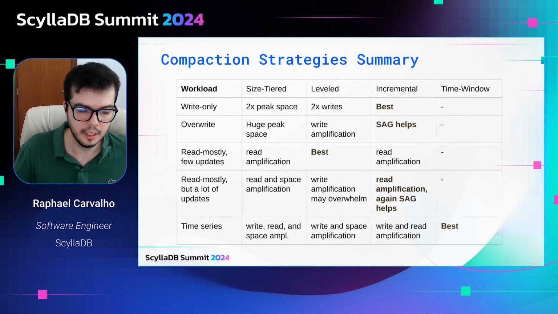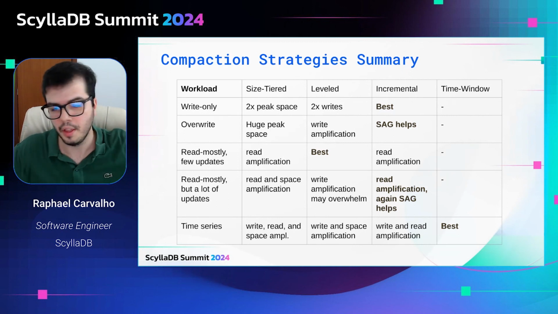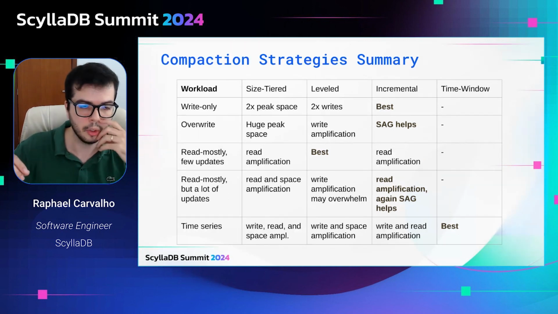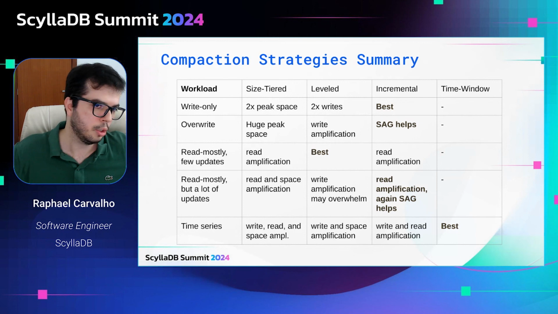Like I said, with compaction strategies, there is no universal strategy. If you remember the trade-offs, there are certain strategies that are going to be better than others. But incremental compaction tries to close the gap and satisfy most of the workloads by trying to be a universal strategy.